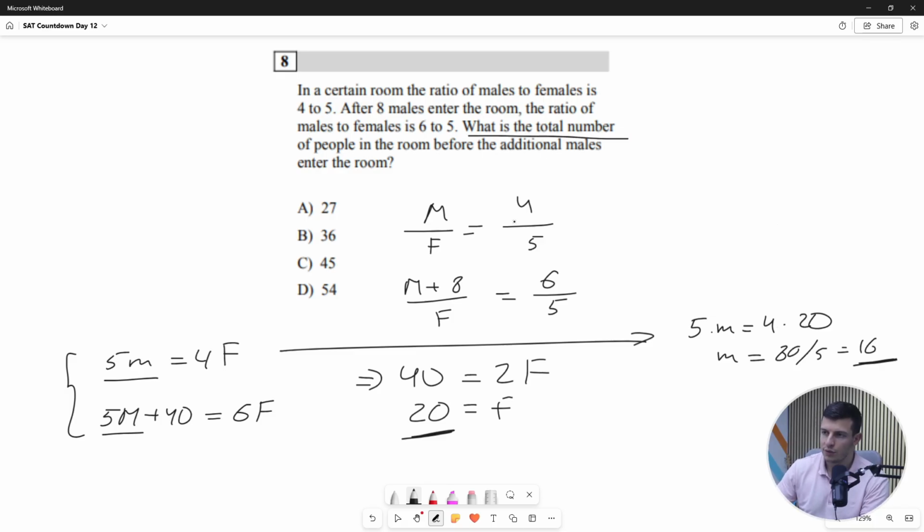What is the total number of people in the room before the additional males? So 16 plus 20, 36. Now, what's the deal here with the total number of people before the additional males? We wrote the additional males as plus 8, so M and F are still representing the initial amount of males and females in the room.